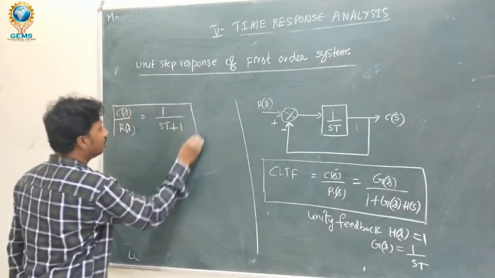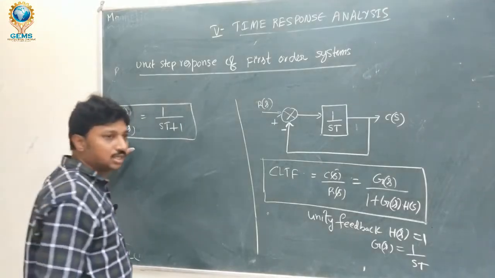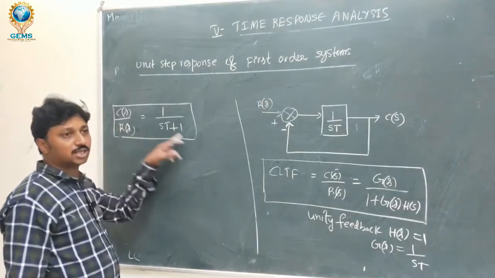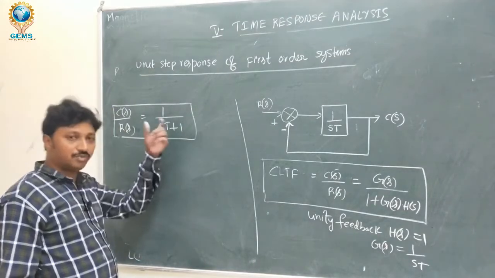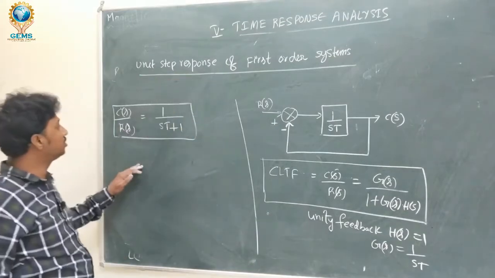So this is the first order transfer function. Now I am interested to find the response of the first order system for an applied unit step signal.